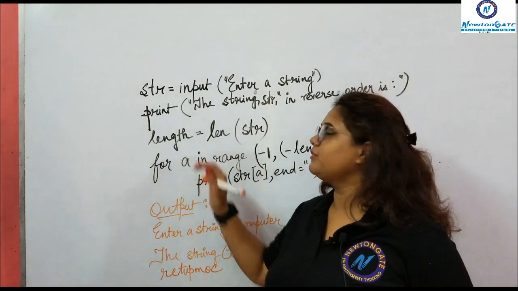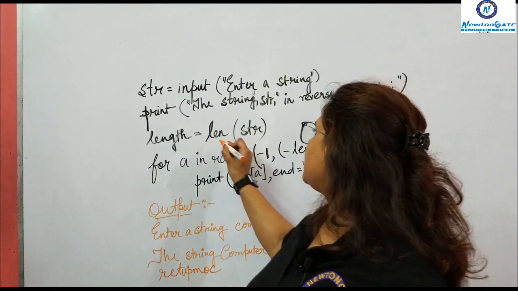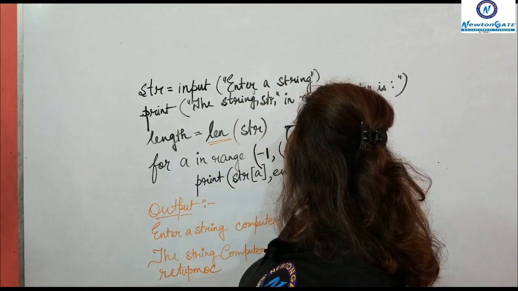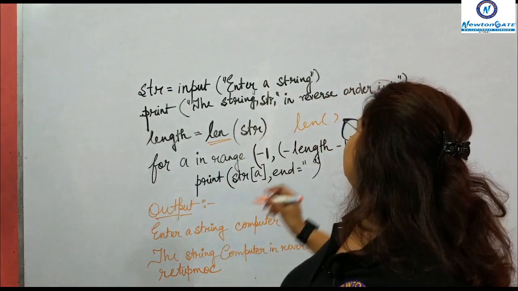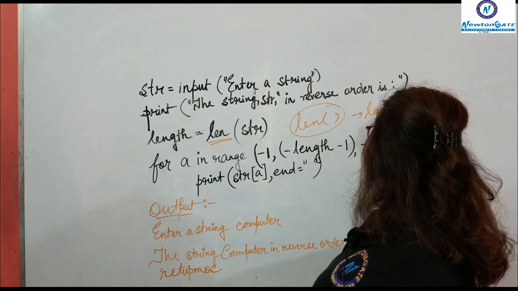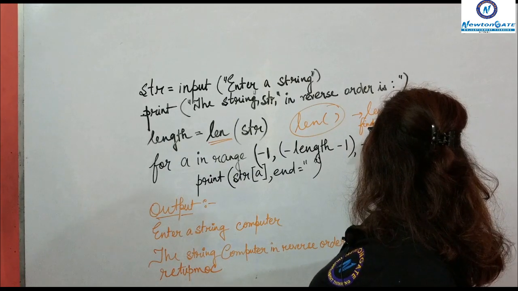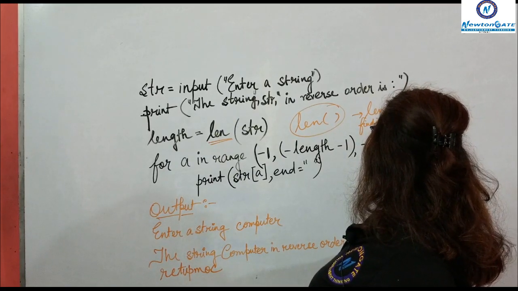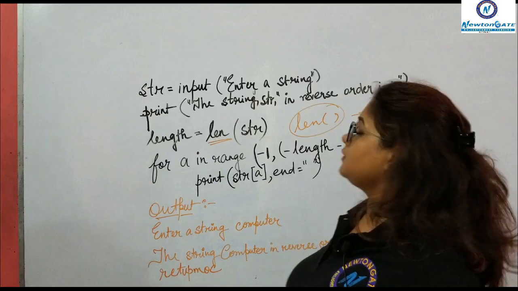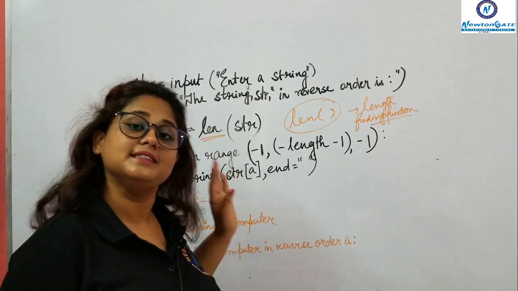Next, before that, I am finding the length. How do we find the length? That is len. This is the length finding function which finds the length of the desired string.